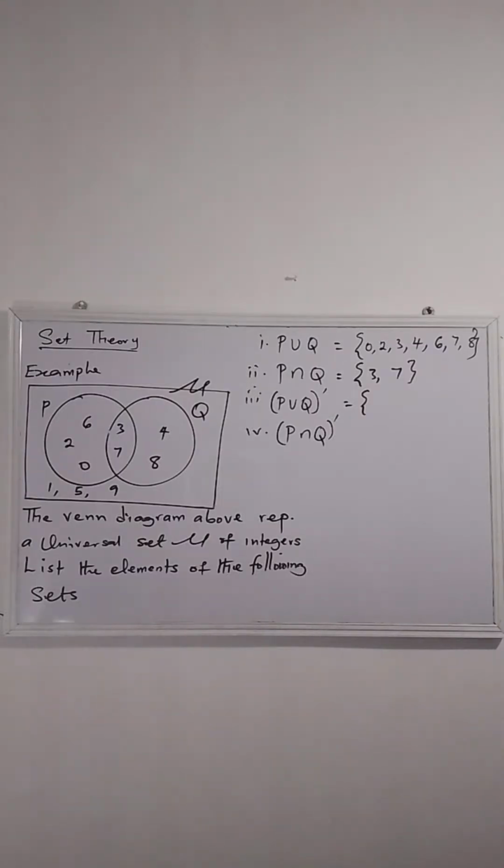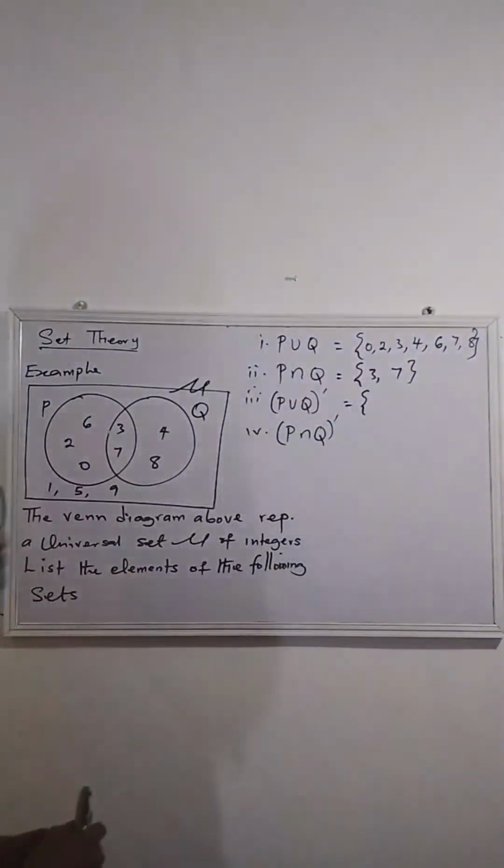It's a very simple one. It's pretty simple. Okay, who is dropping? I'm not seeing anybody here. P union Q complement. Okay, since I'm not seeing anybody dropping an answer, now let's do it together.